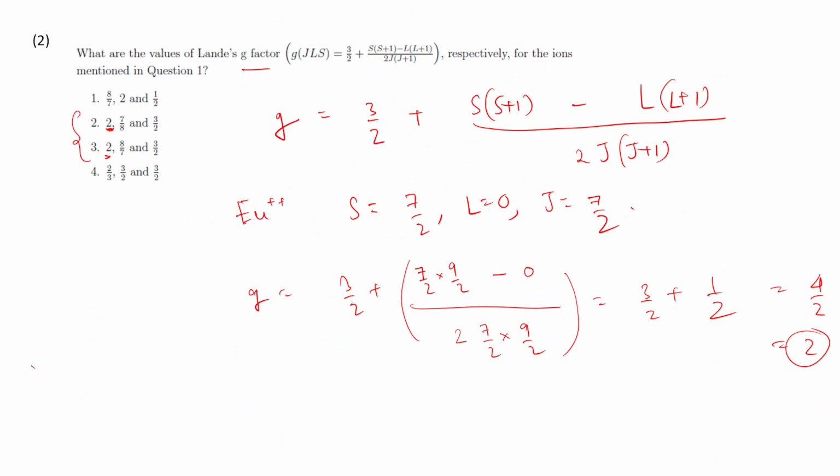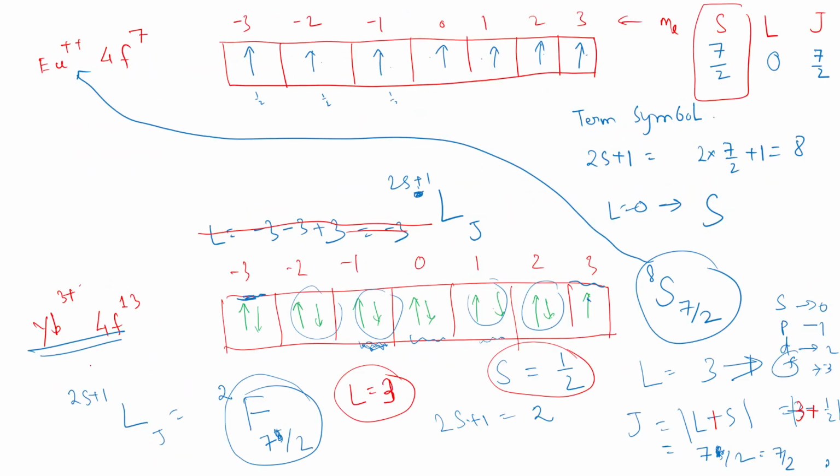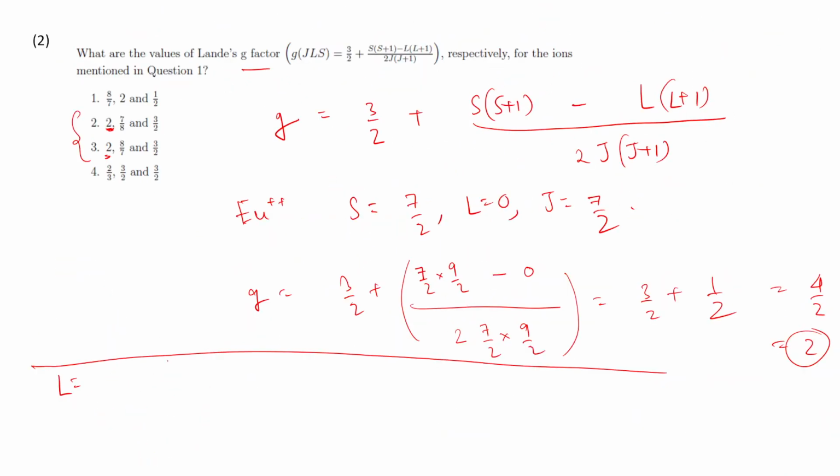So the second ion, L equal to 3, S equal to half, J is equal to 7 by 2. Okay, now you find just G.